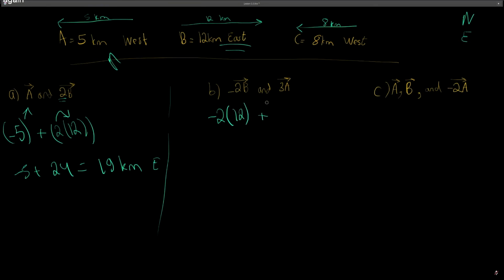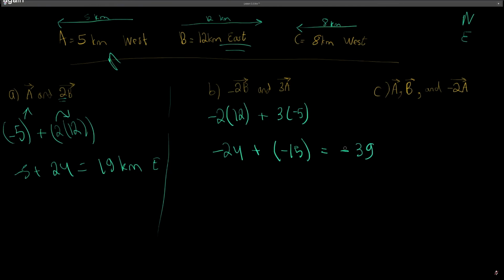And then we add it to 3A, so 3 into -5, as A is -5, and it's negative again because west is a negative value. So we just add it up, -24 plus -15, and since it's negative plus negative, in the end it's going to be negative. If we add them up, it's 39, so -39.